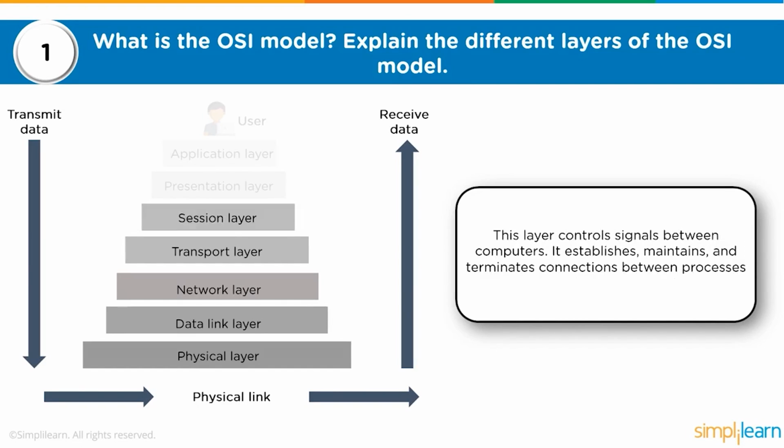Then comes the session layer. This controls signals between the computers. It establishes, maintains, and terminates connections between processes. In the transport layer, we talked about TCP and UDP. UDP being a connectionless protocol where data is just transmitted without verifying whether the receiver received that data or not, whereas TCP, we studied, is more of a reliable protocol.